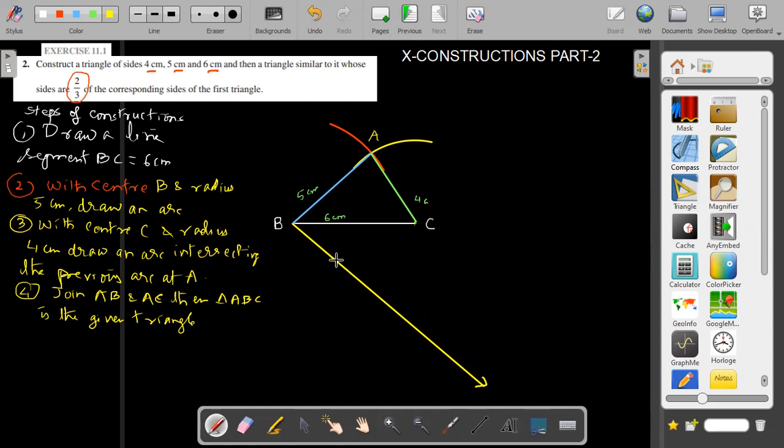So you will divide this BX into three equal parts. You have to make 3 equal parts by using compass. You can take any length, it is up to you. Here I will take somewhat bigger, because it is difficult to make a very small length. I will try.